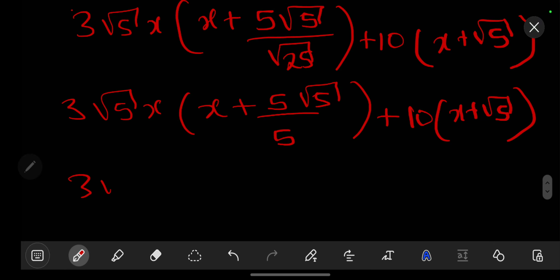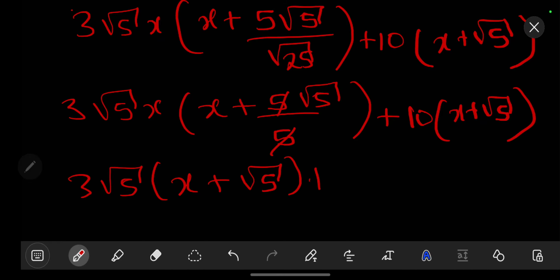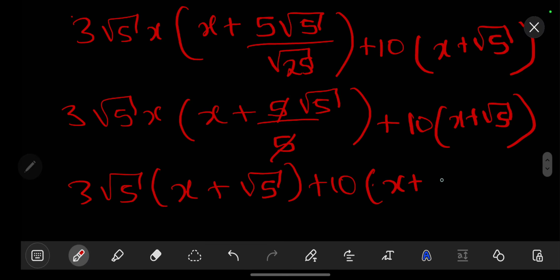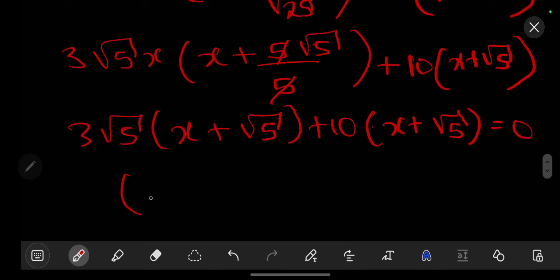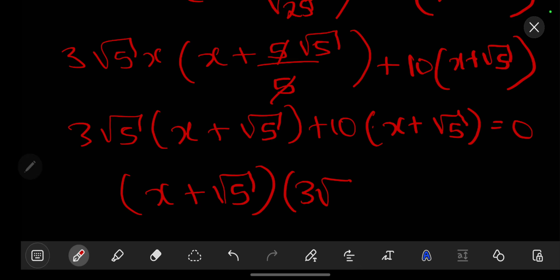So we are remaining with 3 square root of 5 times x, this one and this one goes, plus the square root of 5 plus the 10, x plus the square root of 5 like that. So this is equal to 0. The brackets are the same, pick them. So we have x plus the square root of 5. Then we have 3 square root of 5 plus 10 like that should be equal to 0.